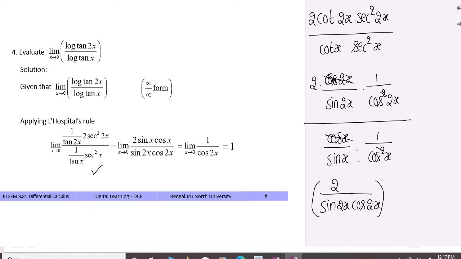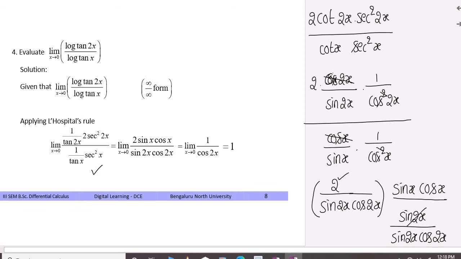1 by sin x into cos x can be written as sin x into cos x. Here 2 is there, here sin x cos x is there. This term equals sin 2x divided by sin 2x into cos 2x.